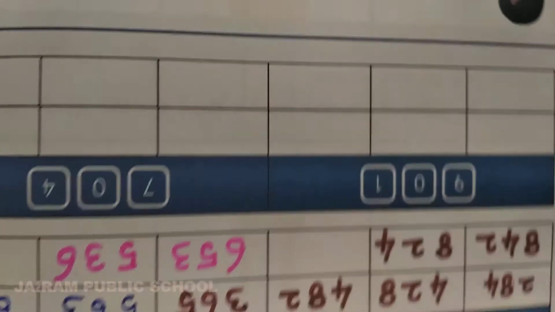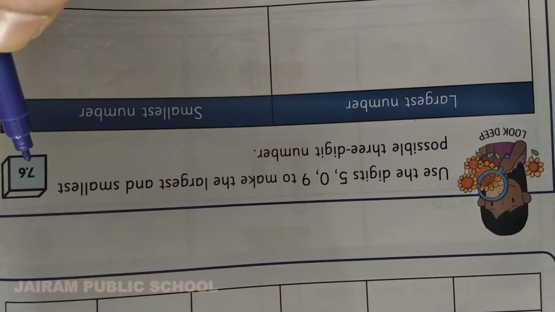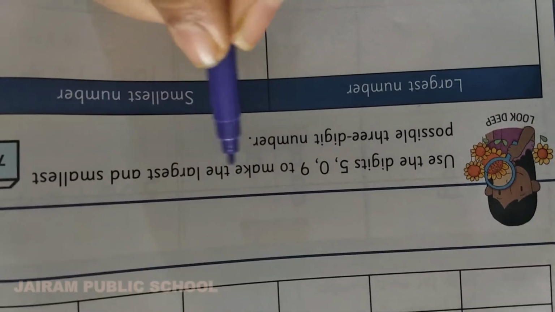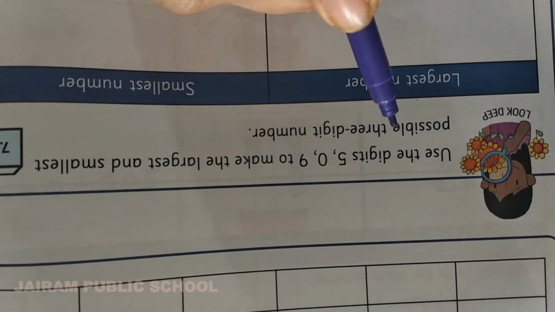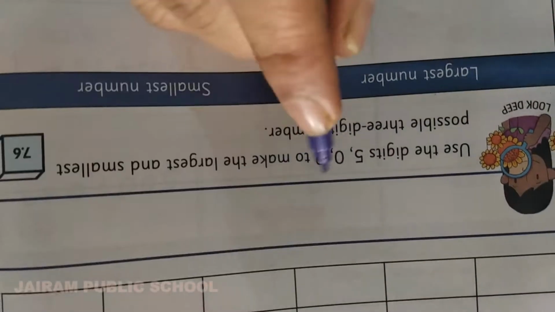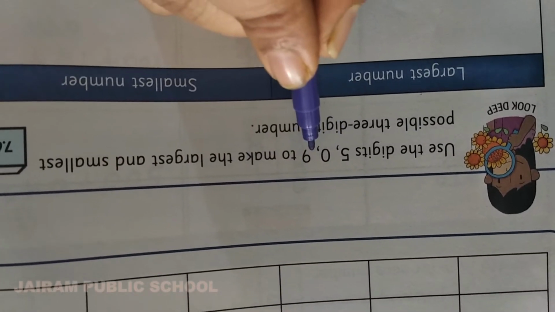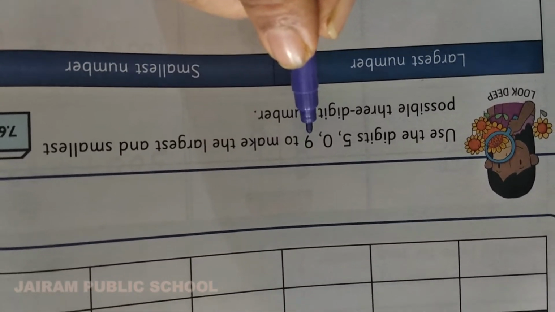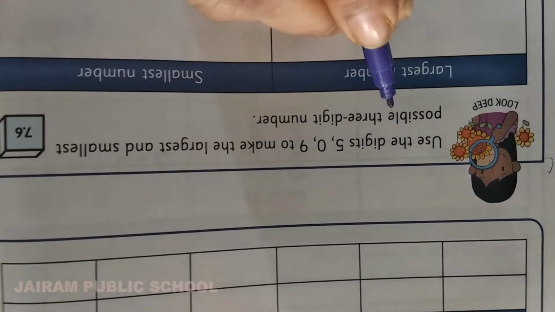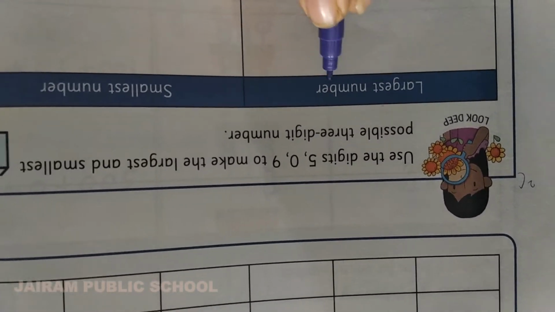Okay, next see here, we are going to see the Look Deep activity 7.6. Use the digits 5, 0, 9 to make the largest and smallest possible 3-digit number. They have given 3 digits. So using these numbers you want to make the largest and the smallest number. First we can write the largest number, Kanna.